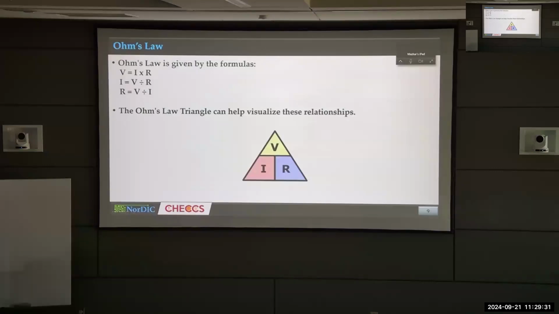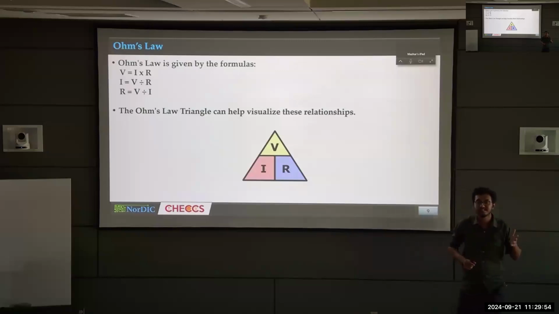So there is one scientist who invented a law which relates these three most significant parameters: voltage, current, and resistance. How are they related? How did this term ohms come about?